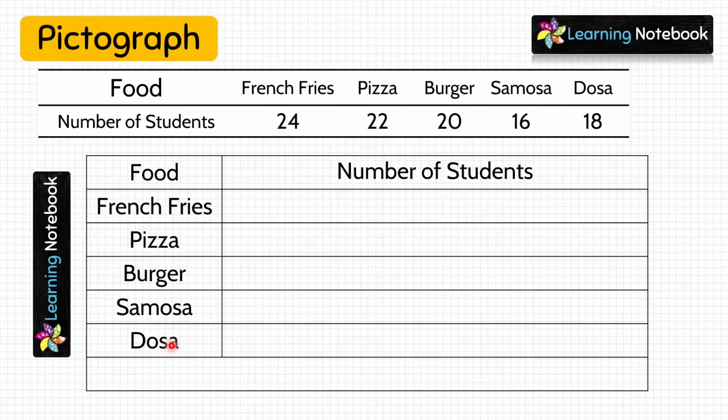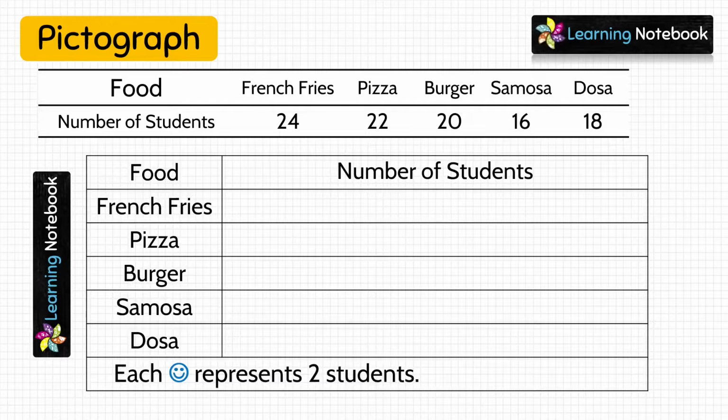Now students, we need to decide a picture to represent the number of students and what each picture stands for. So let's take a smiley to represent students and each smiley will represent 2 students.